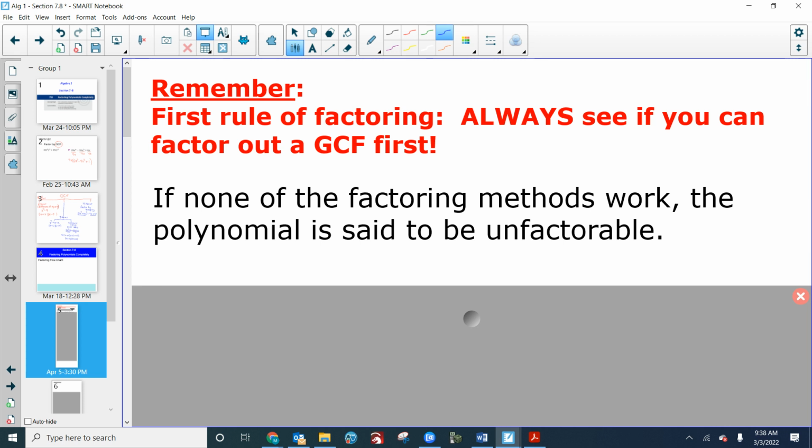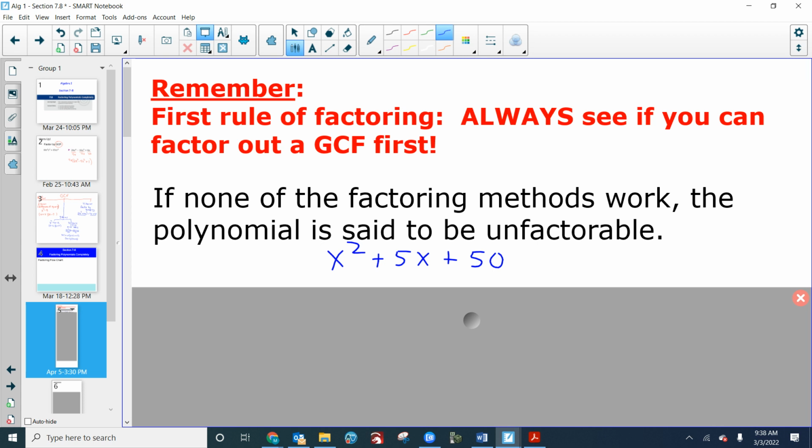You might run across something like this. Write this down somewhere. You might run across something like this. Okay, let's go through our process.